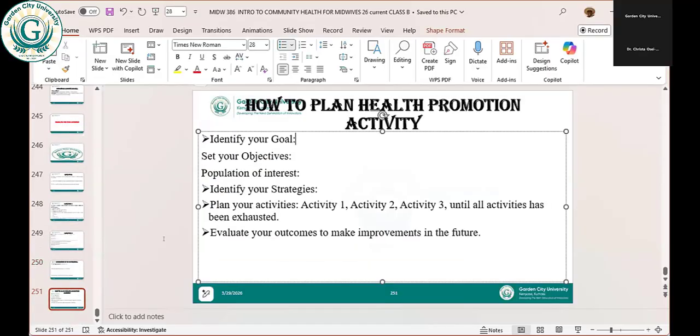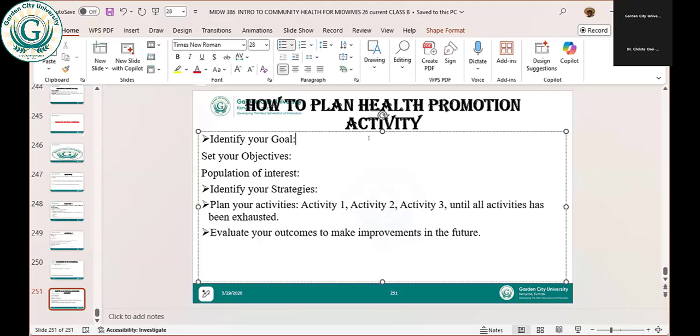The day I gave you the thing, it was a week before, after we did how to plan a health promotion activity. You see, you have all the parameters there, but all of you, the team, class A as well, left your thing and went to the internet.